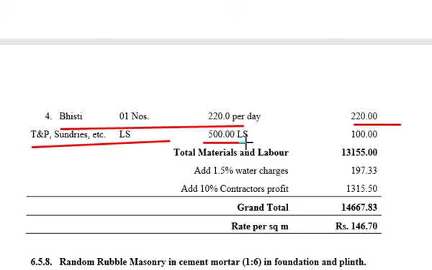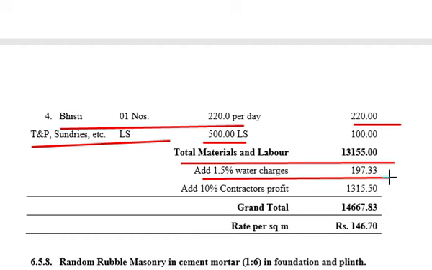Head mason half number at 450 per day, that is 225. Mason 8 number at 350 per day, 2800. Mazdoor 8 number at 220 per day, that is 1760.